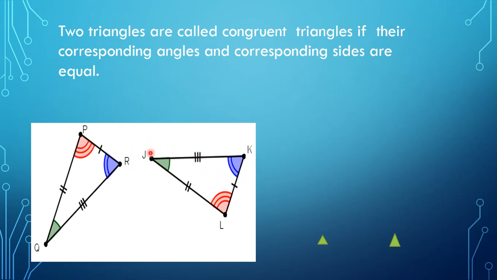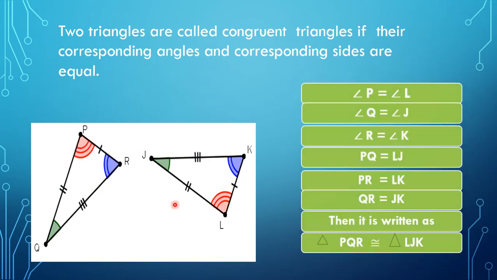In these two triangles, as we observe in the figure, angle P is equal to angle L, angle Q is equal to angle J, angle R is equal to angle K, side PR is equal to LK, side QR is equal to JK, and side PQ is equal to LJ.